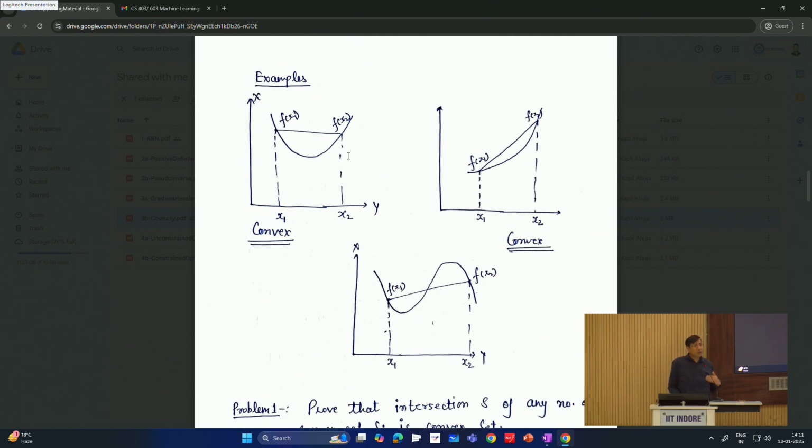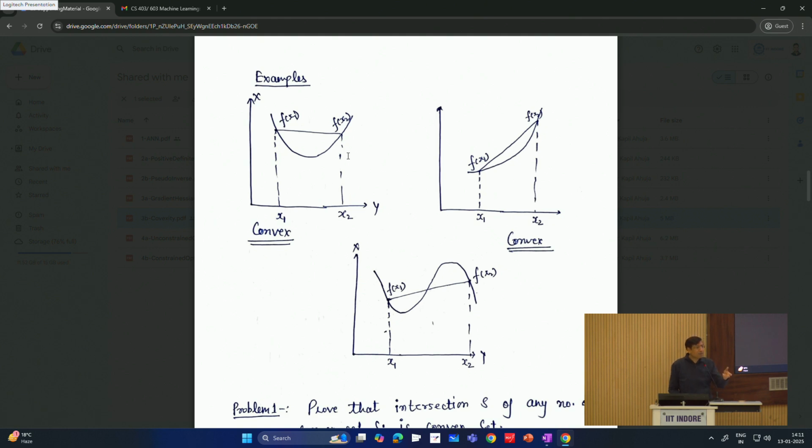Similarly, in this case, there is a characterization of saying that a function is convex, and that characterization is find the Hessian of the function. If the Hessian of the function turns out to be positive definite, then we say that the function is strictly convex. If the Hessian of the function turns out to be positive semi-definite, then we say that the function is convex.